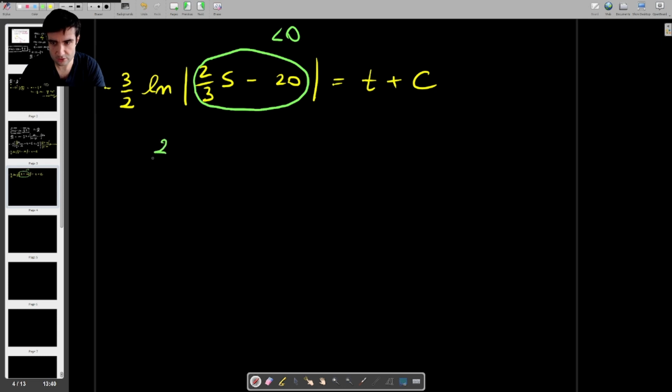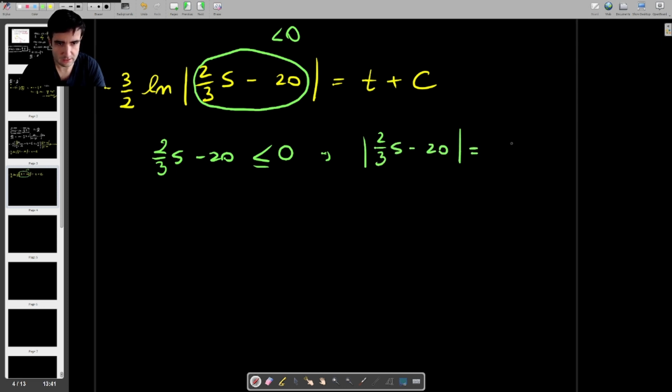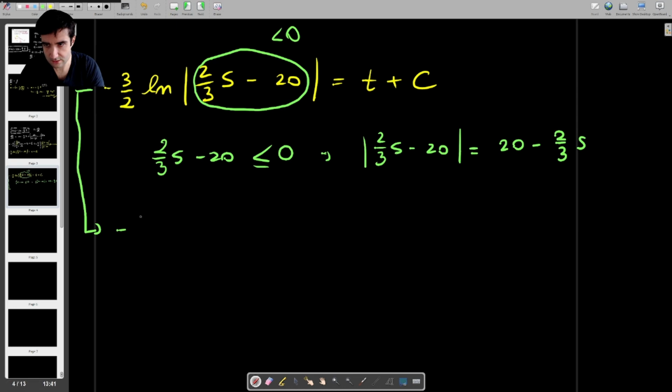So because 2/3 s minus 20 is less than or equal to 0, we can say that the absolute value is actually 20 minus 2/3 s. So I'm going to rewrite this like that. So this is minus 3 over 2 natural log of 20 minus 2/3 s, and this is equal to t plus a constant.